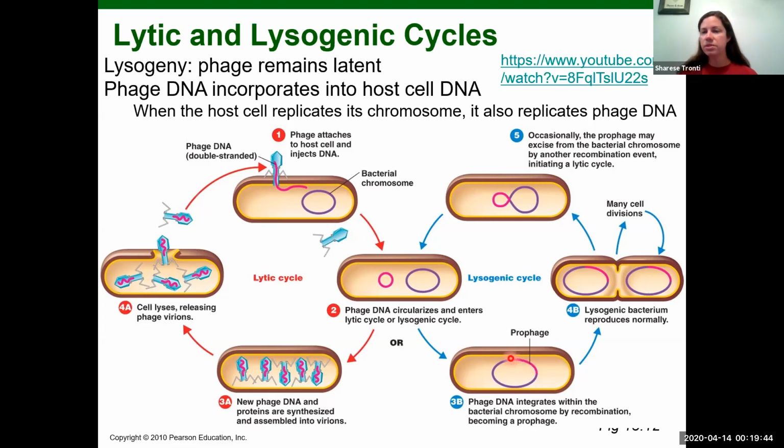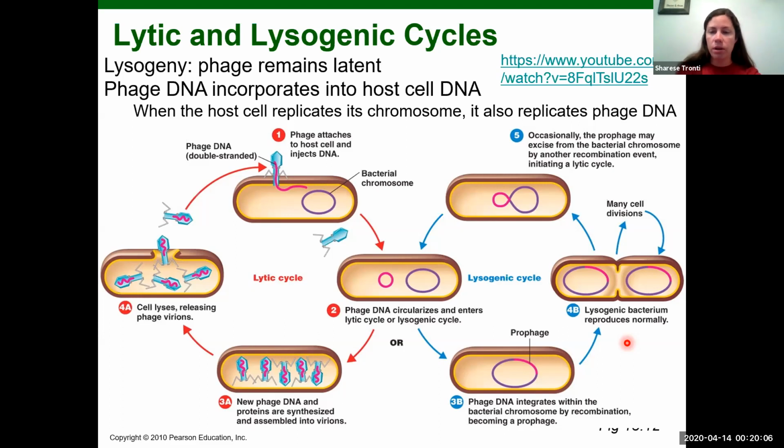And there it will stay dormant. And so whenever the host cell replicates, then the viral DNA will also replicate. The host cell will not recognize that there is viral DNA inside of the cell. So it will simply replicate it along with its own DNA. And this can go on for quite some time.